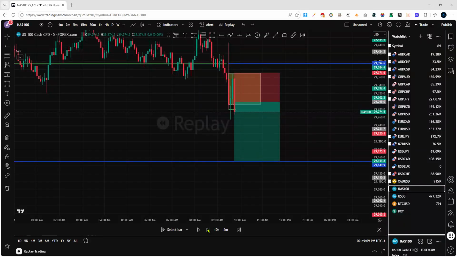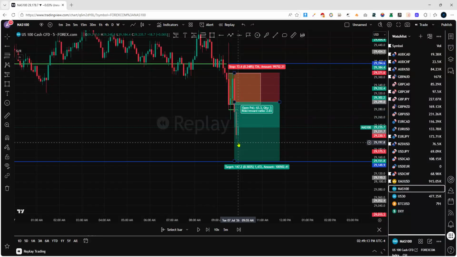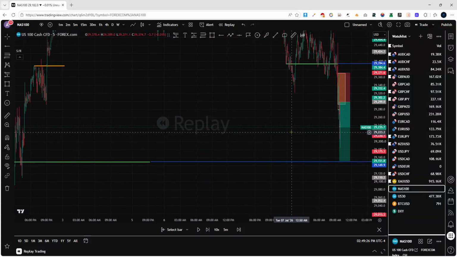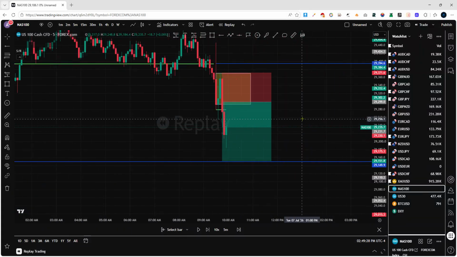Okay, so what happened was we started cooking. Once price got down here, I closed the trades because we were already so close to my take profit. I wasn't really sure what price would actually do.